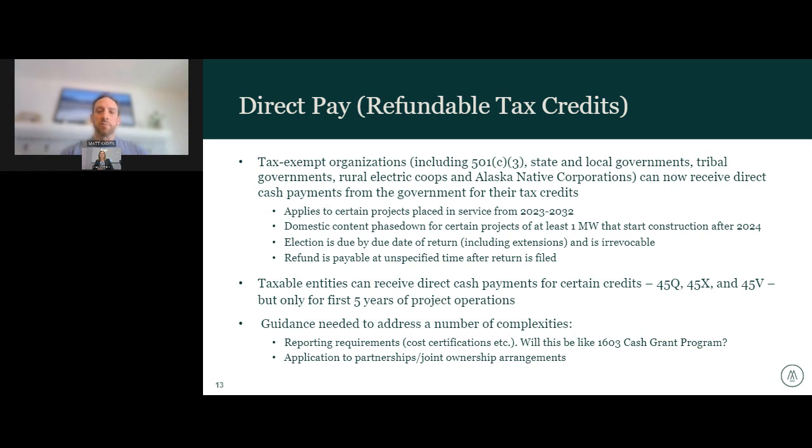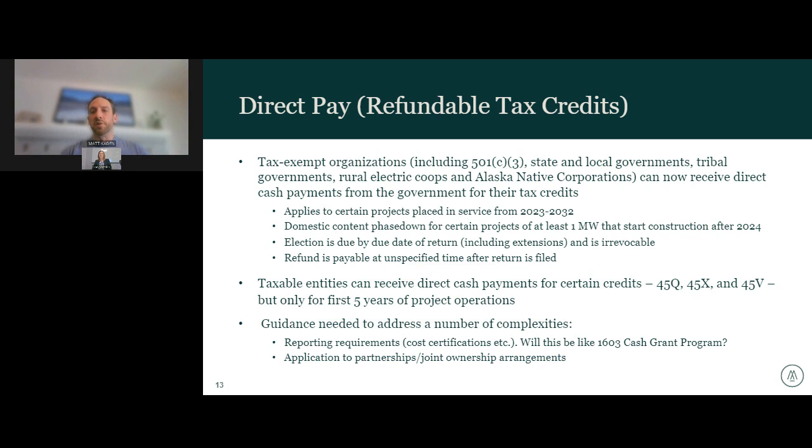There is some direct pay. Generally, this is a tax exempt entity concept, but there are 3 code provisions, 3 credits that allow for taxable entities to take advantage of direct pay, so to receive direct cash payments. And those are carbon capture, which is 45Q, advanced manufacturing, which is generally manufacturing components for renewable energy projects, and then 45V, which is hydrogen production.